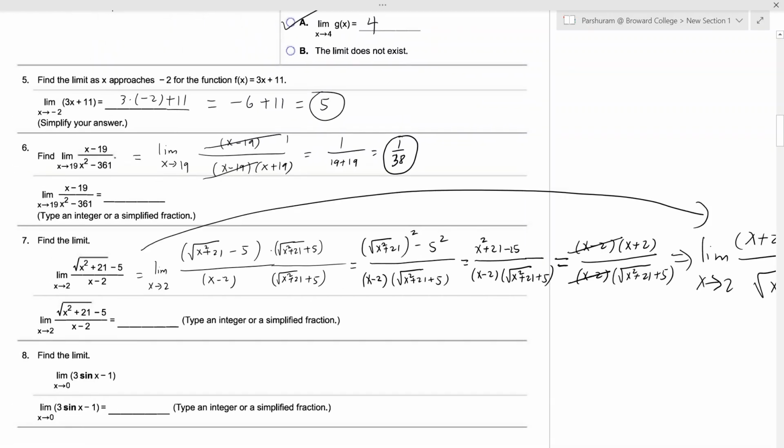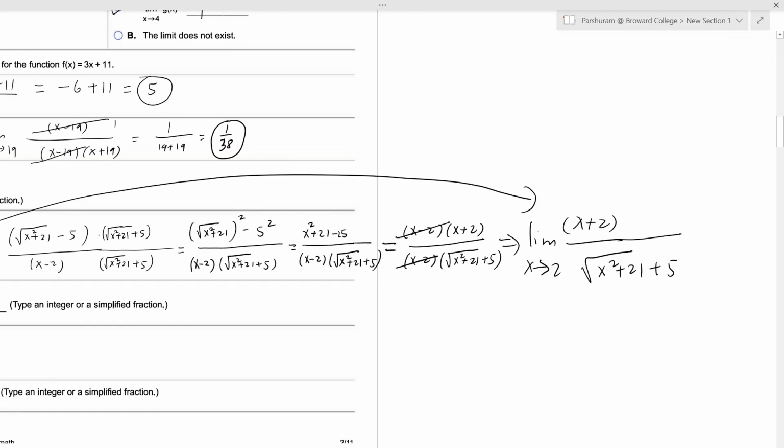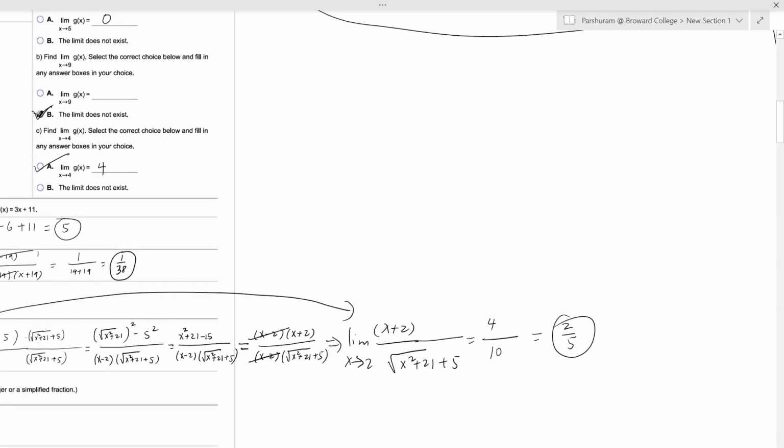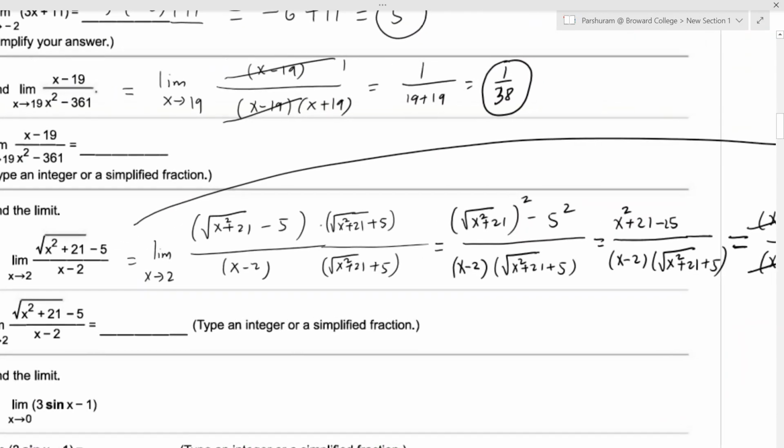We just simplified the original problem and changed it to this form. So now we can put x equal to 2 on the top, and that gives us 4, and x equal to 2 on the bottom gives you square root of 2 squared plus 21, which is the square root of 25, which is 5, plus 5 is 10. If you simplify this, it will be 2 over 5. So the answer for problem 7, the limit is 2 over 5.